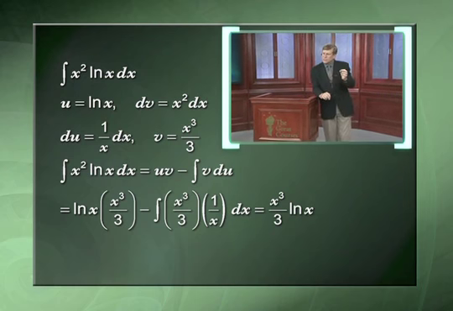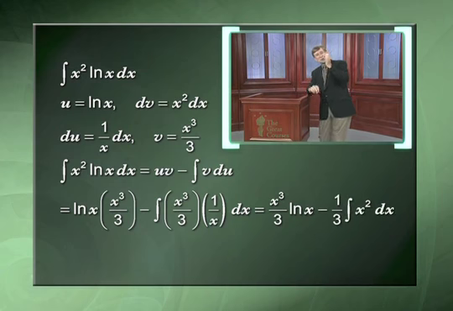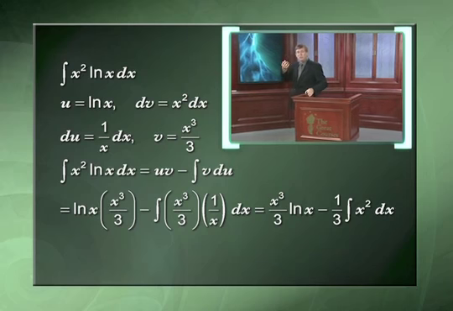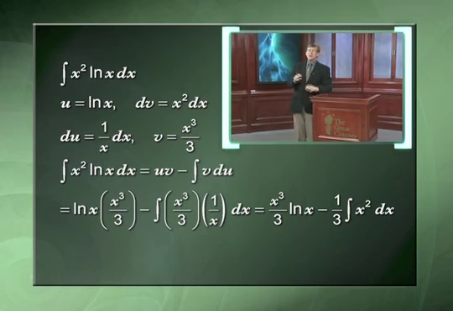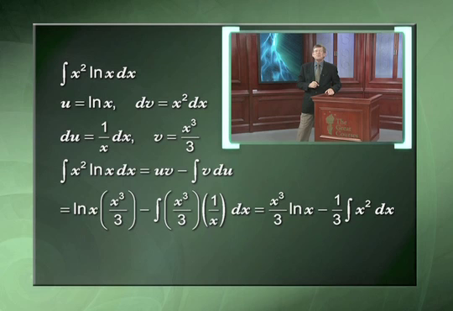And then we have our integral, which is, if you factor out the 1/3, and then x cubed over x is x squared, so it's minus 1/3 the integral of x squared. And then you pause and say, hey, can I do this new integral? Have things improved?